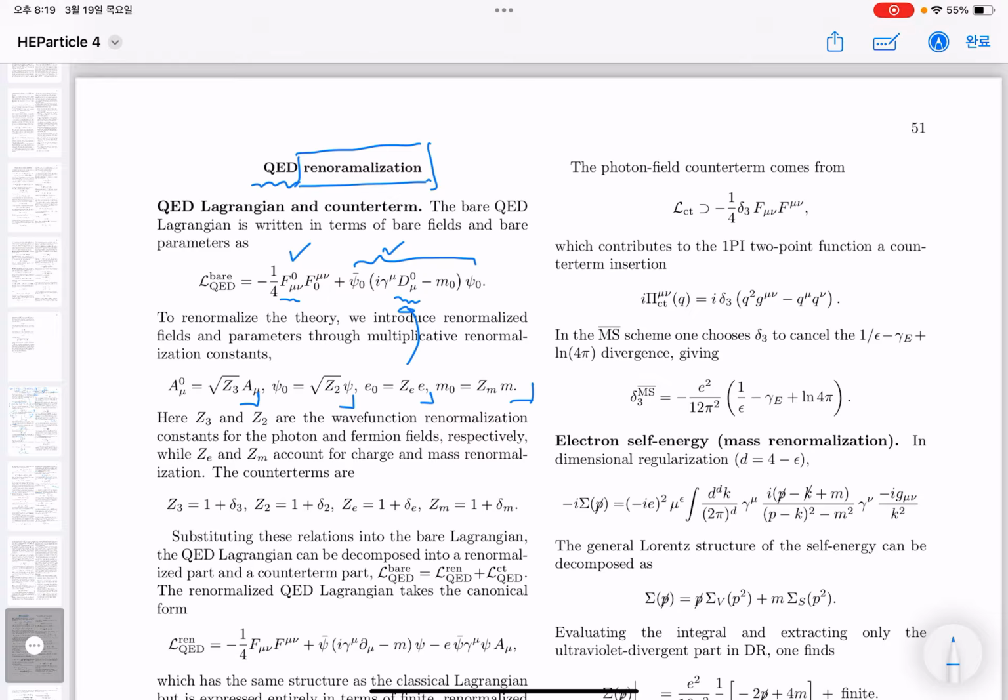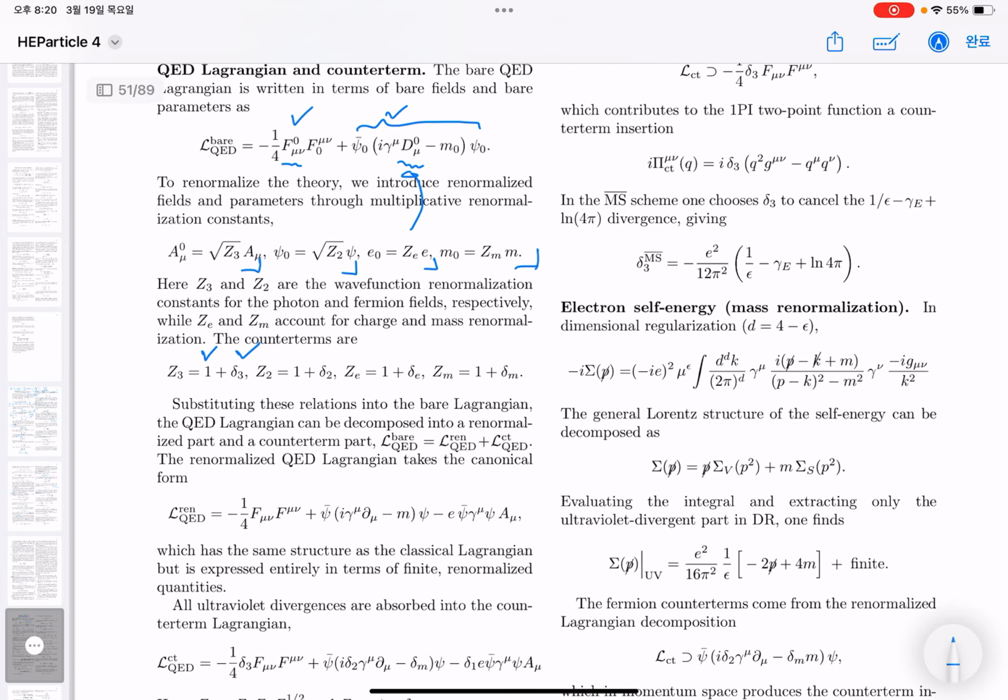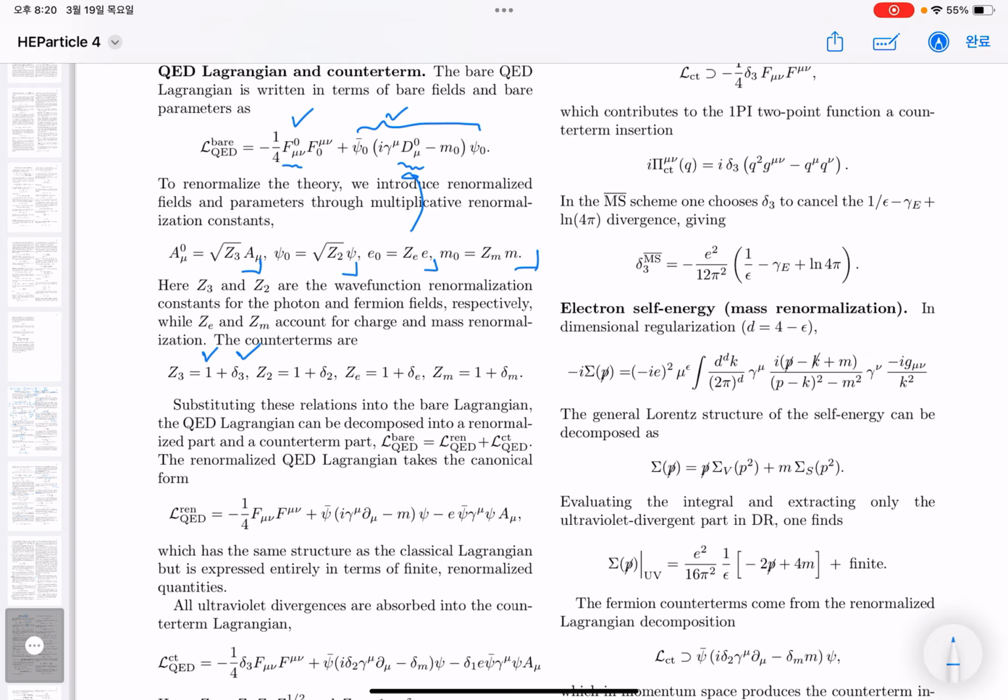And one can decompose these renormalization constants into the bare term and the counterterm part. So by inserting these renormalized quantities into the bare Lagrangian, now we can decompose it into the renormalized part and the counterterm part.